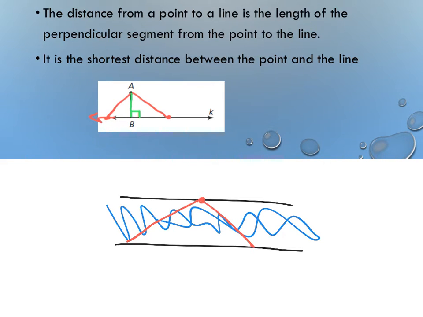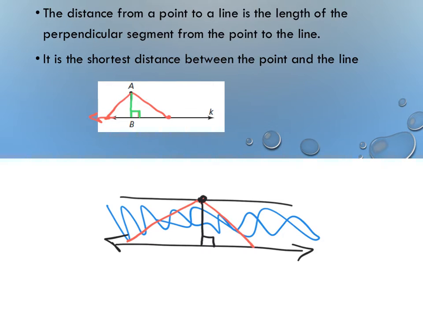The fastest way to get across that river would be the perpendicular distance. So just know that the fastest way or the shortest way from a point to a line is going to be the perpendicular segment.